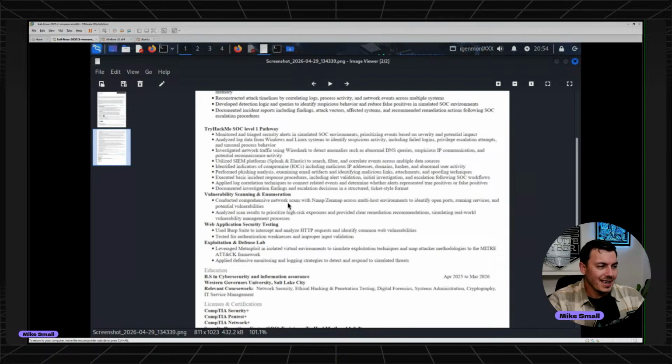Vulnerability scanning and enumeration. So just the Nmap scanning, I think, is useful for folks understanding what port scanning is in general. I don't really care about the vulnerability scanning piece, but it's good to know that it exists. I know you did that in login specific as well.